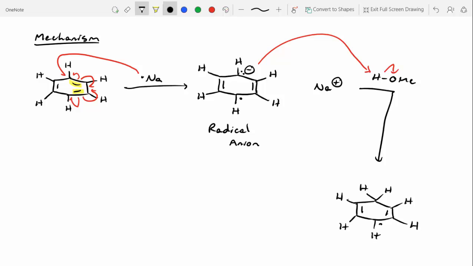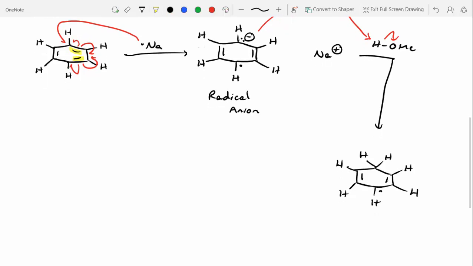And we still have this radical position. And then we form the conjugate base. All right, now we can do this again where sodium can donate another electron to this carbon. That way that electron's not all alone.